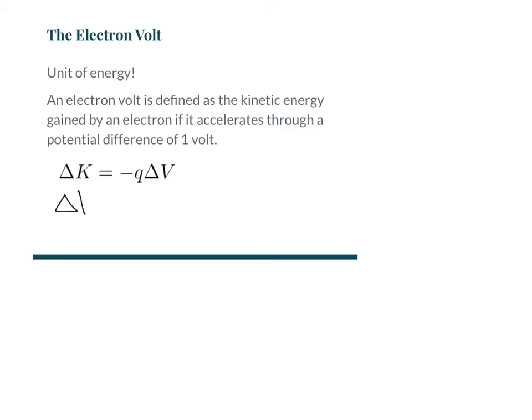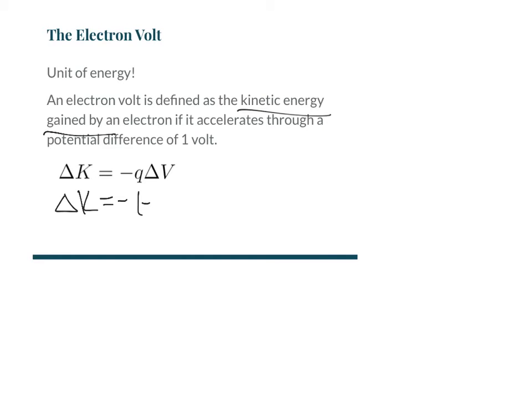So change in K is the kinetic energy gained that we're looking for. So we're going to look for the change in K by an electron if it accelerates through a potential difference of 1 volt. So that change in K is going to be equal to negative Q. So that's negative, and the charge of an electron is negative.